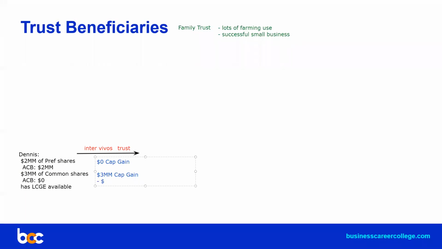So he's going to use his lifetime capital gains exemption. He'll use $834,000 of lifetime capital gains exemption. So ultimately, he's going to have $2,116,666 of cap gains that he actually has to pay tax on. That's right.